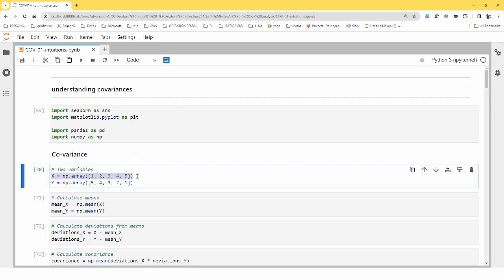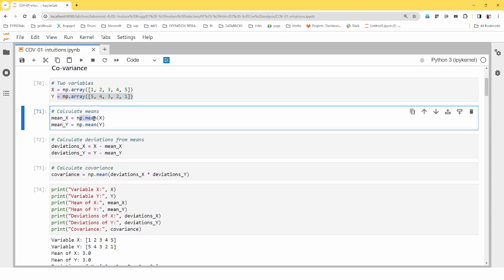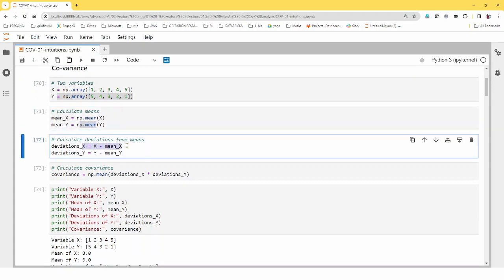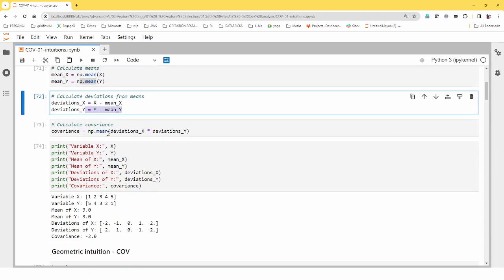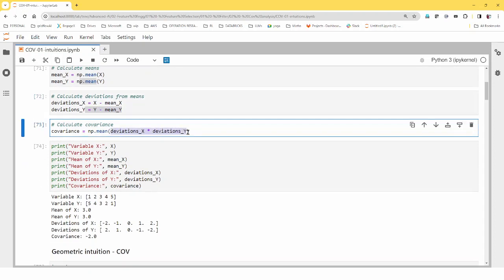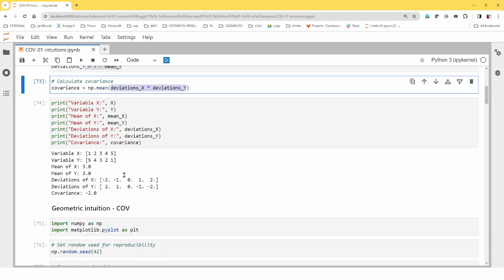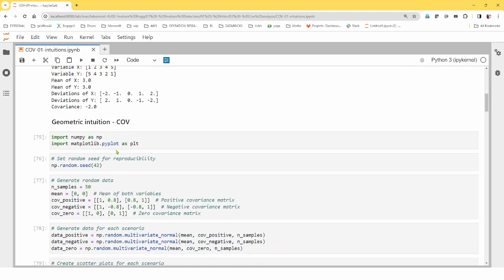Let's say there are variables x and y with some dummy values. First step, compute the mean of both x and y, and then compute the deviations for each point in x and each point in y. Calculate the covariance, which is simply the multiplication of both these deviations, and then apply the average, and that's going to give you the covariance.